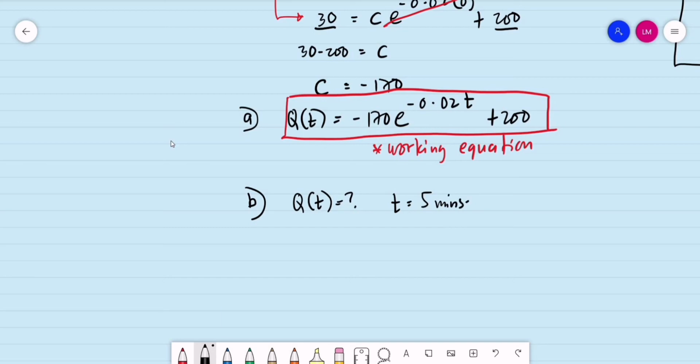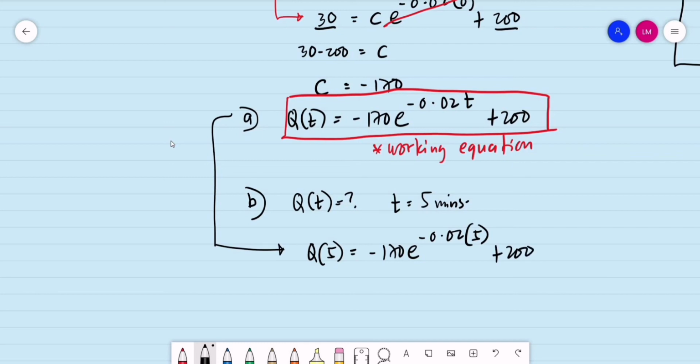So we substitute in our working equation. Q of 5 is equal to negative 170 e raised to negative 0.02 multiplied by the time, 5 minutes, plus 200.